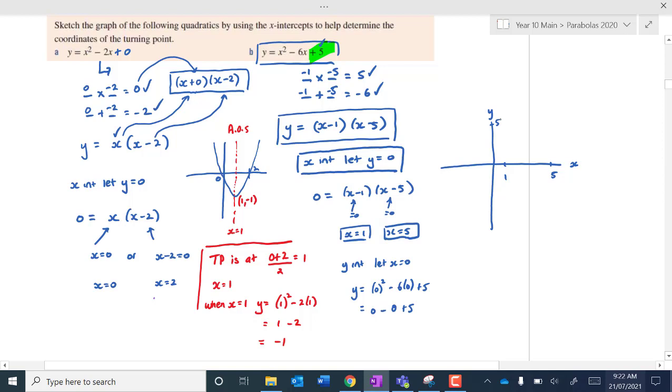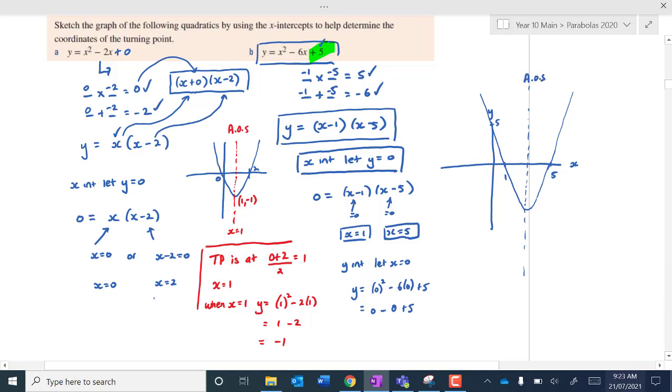And now let's sketch our parabola. We're not quite there yet, because when we sketch it, it comes through. It's going to turn halfway between the 2 points. It's going to go up like this. And of course, we're not quite done yet because we need where it turns. Now, where it turns, this is our axis of symmetry. I'll write AOS for short.